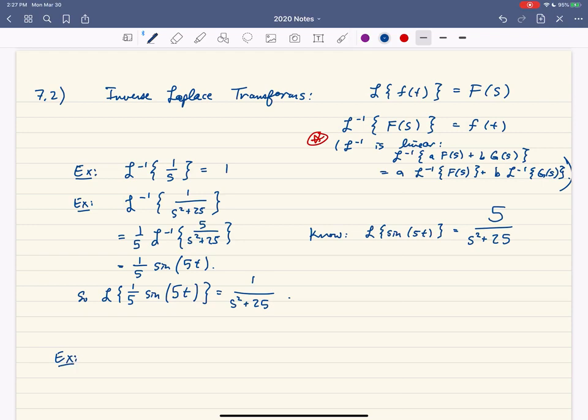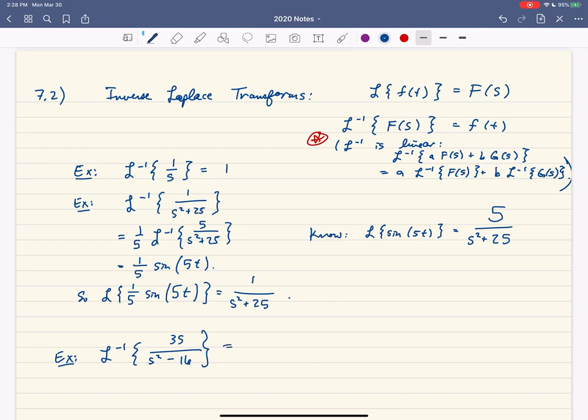One more. Let's say we have the inverse Laplace transform of, say, 3s over s squared minus 16. There's a few things that we can do with that, just to make it a little bit nicer looking.